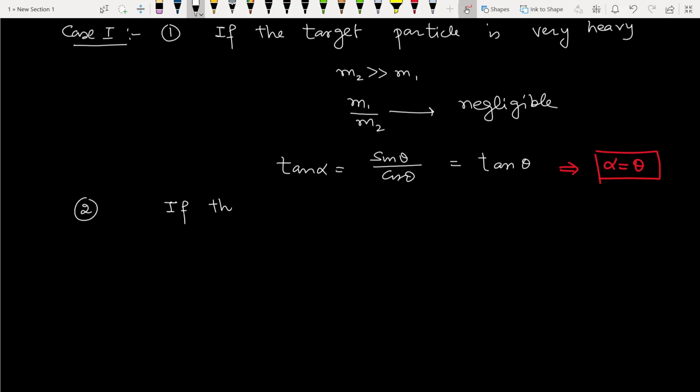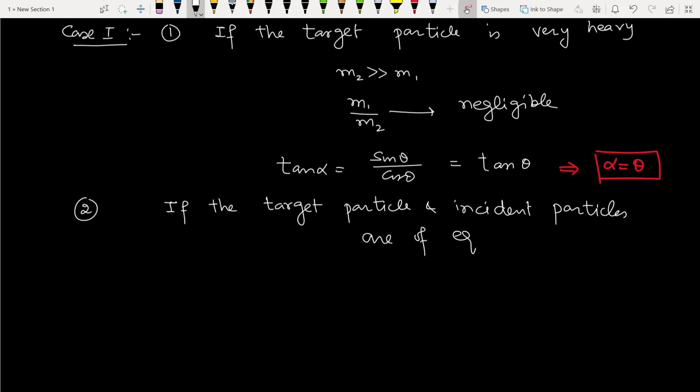If the target particle and incident particle, both colliding particles, are of equal mass, so m1 is equal to m2, then m1 by m2 is equal to 1.